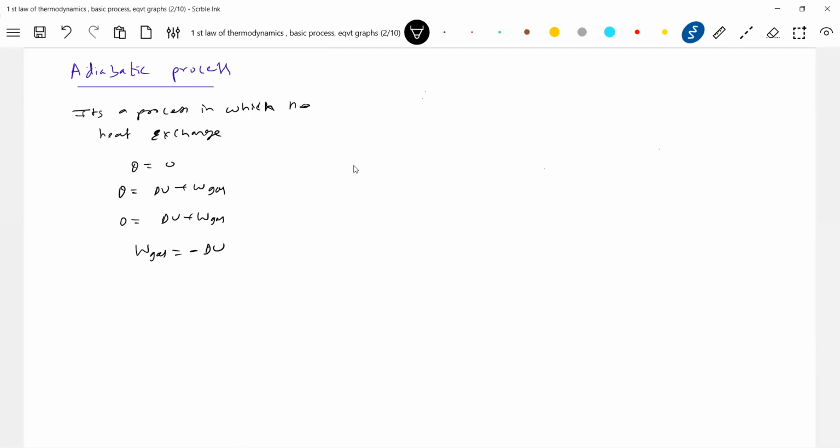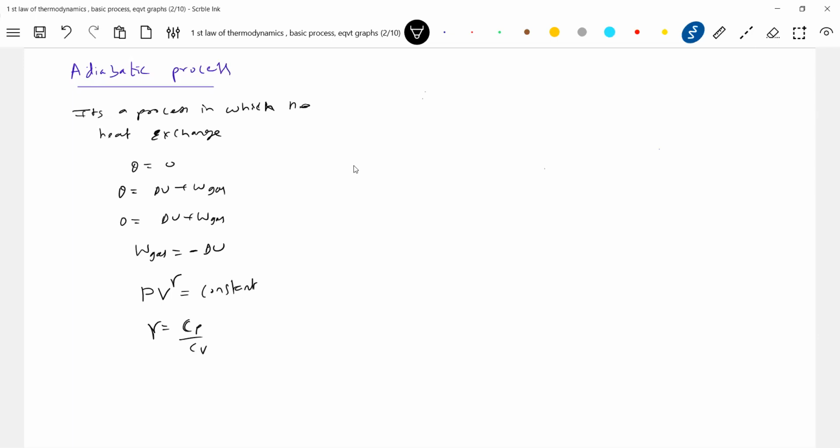Okay, let's go for this one. How pressure and volume are related: PV to the power of gamma equal to constant. What is gamma? Gamma is Cp by Cv.